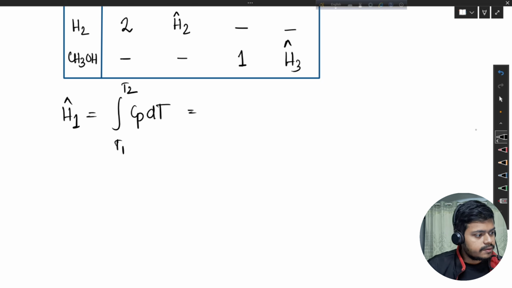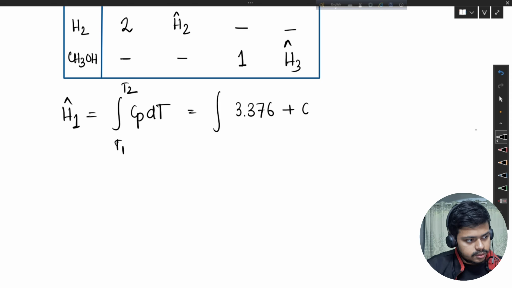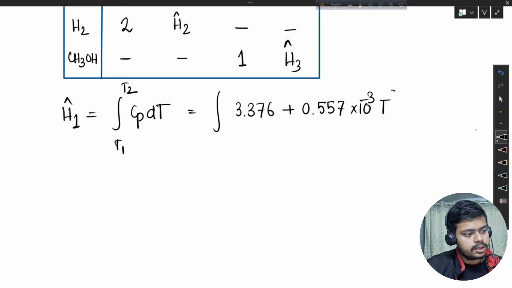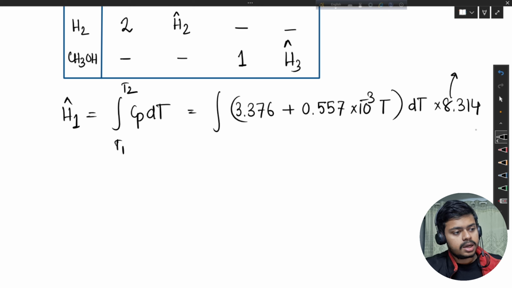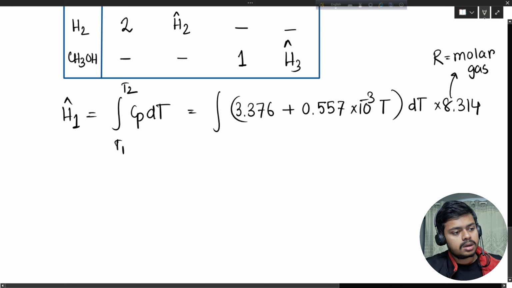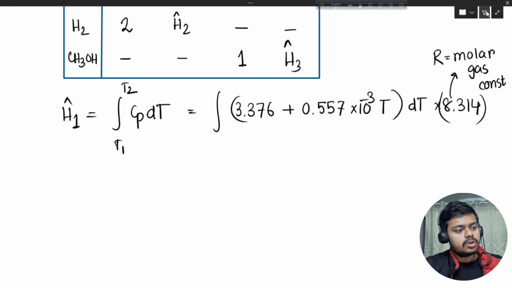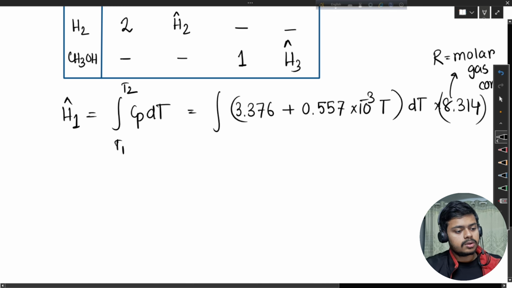The heat capacity function for carbon monoxide is given here as 3.376 plus 0.557 times 10 to the power minus 3 T, dT, and we're going to multiply by 8.314, the molar gas constant R, because the values given here are in the form of Cp divided by R. So R is the molar gas constant that we have added here.